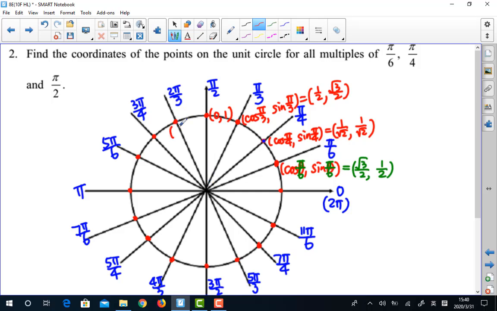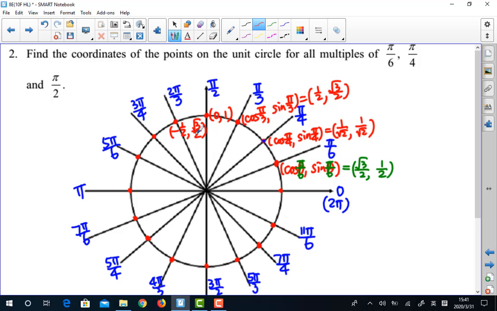Therefore, I can write up the coordinates of this angle easily. Since this is a reflection of this point over the y-axis, I only need to take the opposite of the x-coordinate value and keep the y-coordinate the same. Therefore, the coordinates of this point are negative 1/2, root 3 over 2.